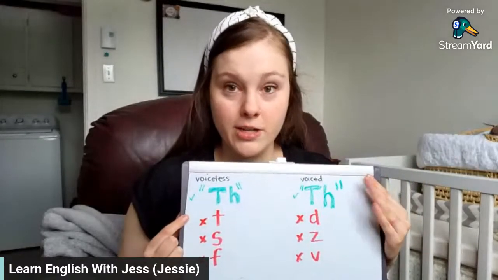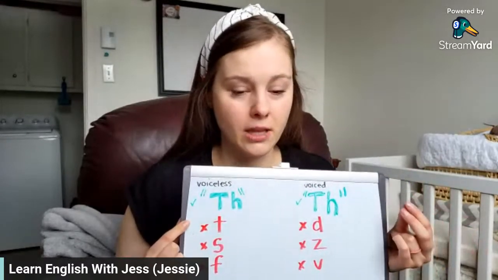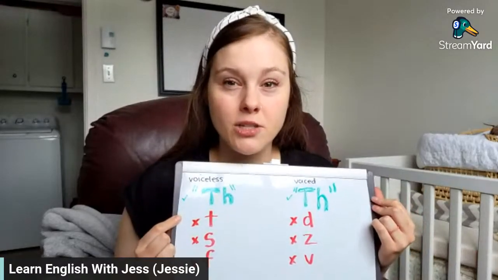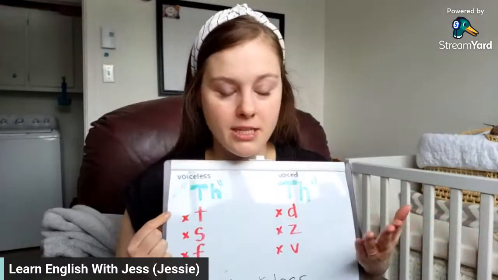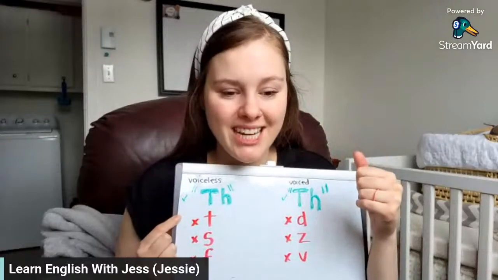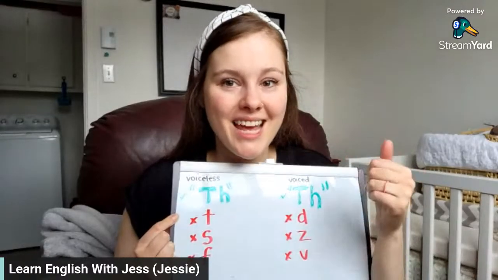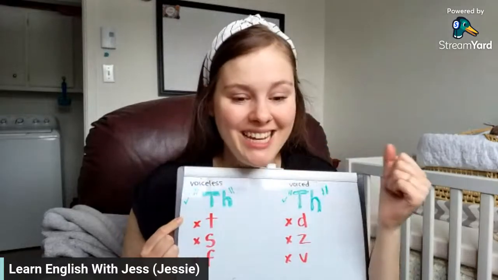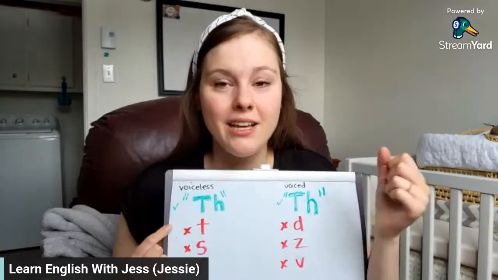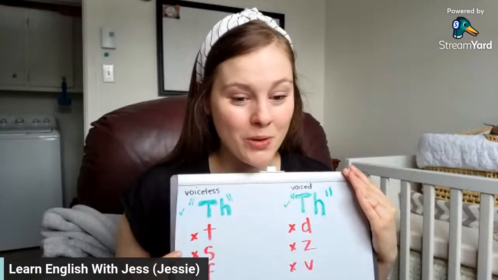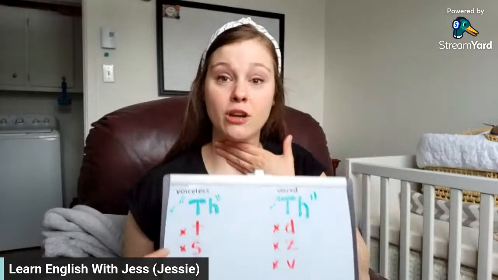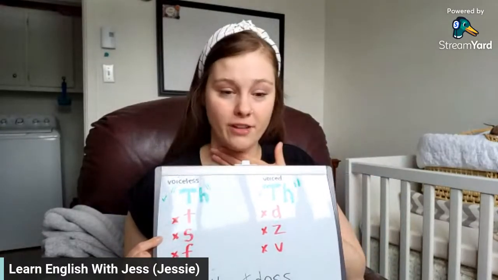Some English learners, mostly Quebecers, I hear this a lot, will accidentally say the T sound. So I'm going to get you guys to do the wrong sounds with me, just to practice. Notice that my tongue is not between my teeth. Now we're going to do S. And if you touch your throat, you're not going to feel vibration here.